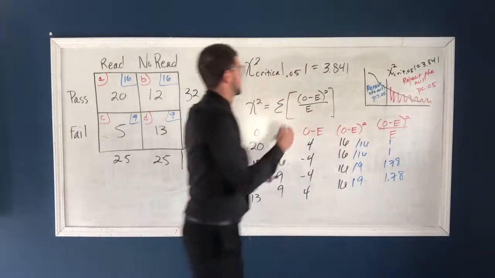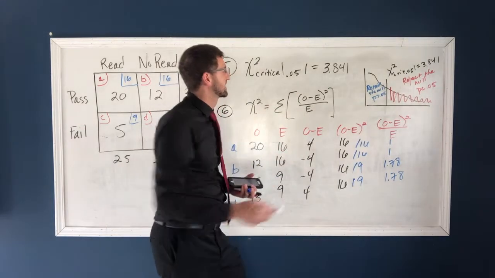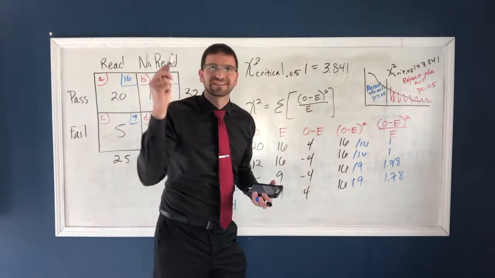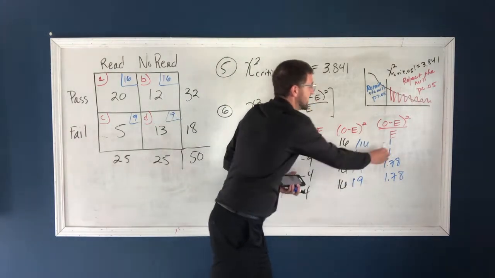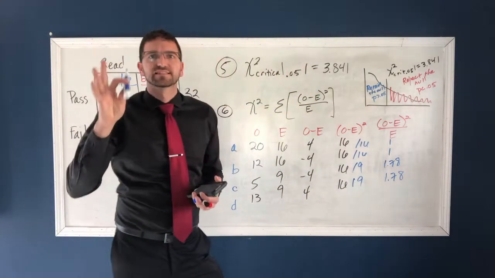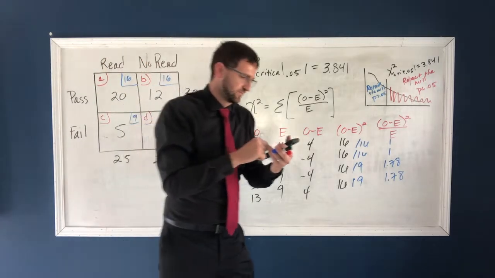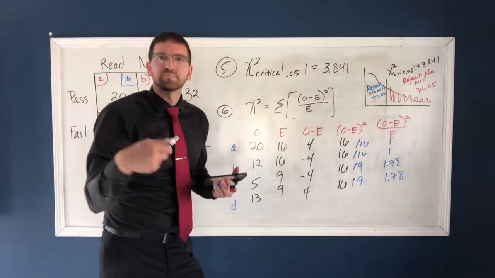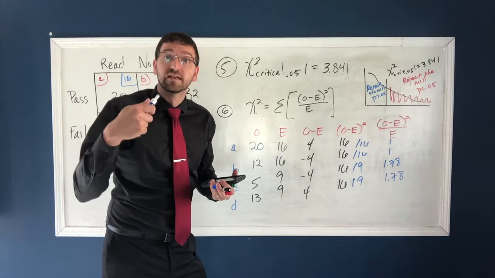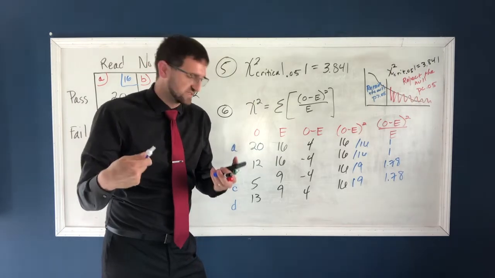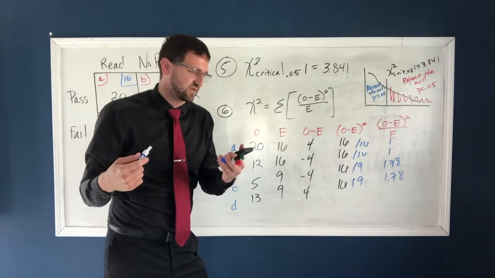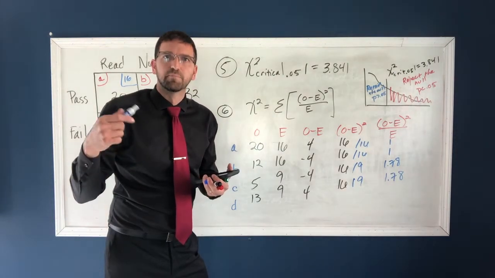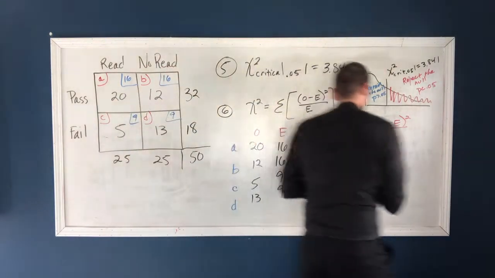Now, in order to solve this equation, because we found the observed minus the expected squared divided by the expected, all we need to do is sum the last column. Okay? So 1 plus 1 plus 1.78 plus 1.78, and that's going to give you a chi-squared obtained value of 5.56.